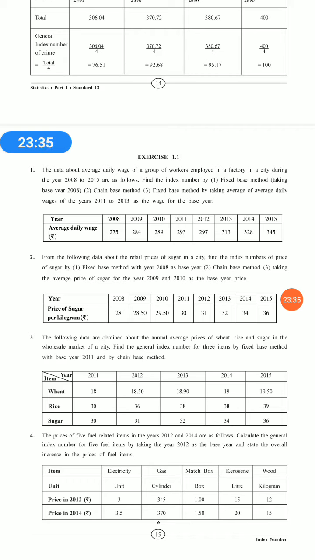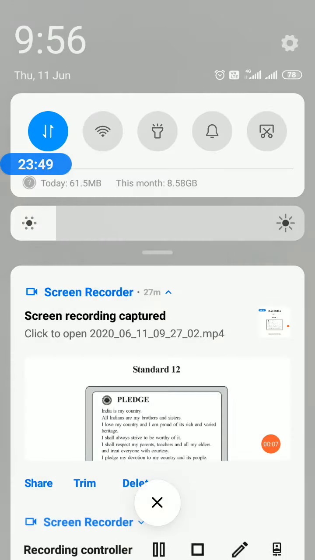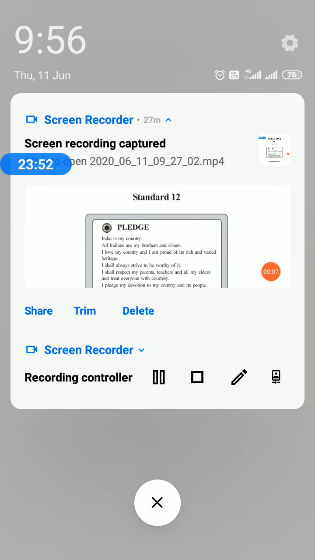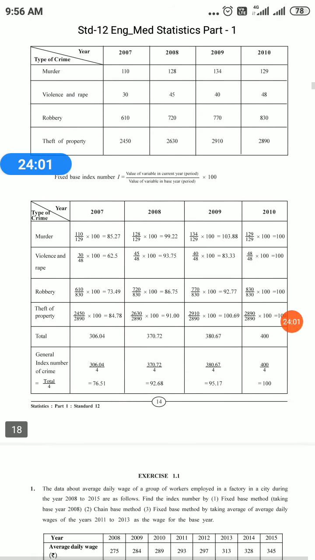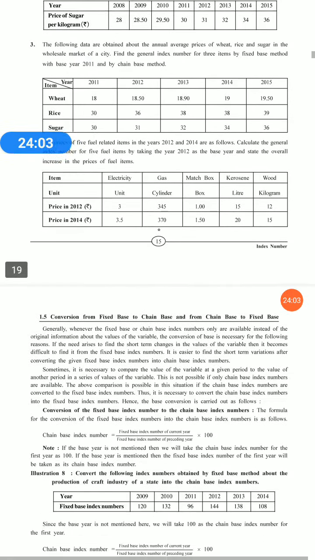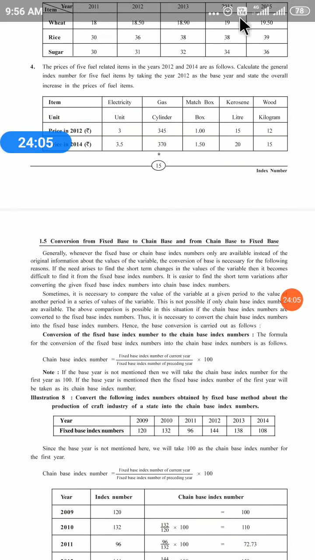Calculate the general index number for the 5 fuel items by taking the year 2012 as the base year and state the overall increase in the prices of fuel. See, here what is the new thing? The new thing is we have to find the overall increase in the price of fuel items.